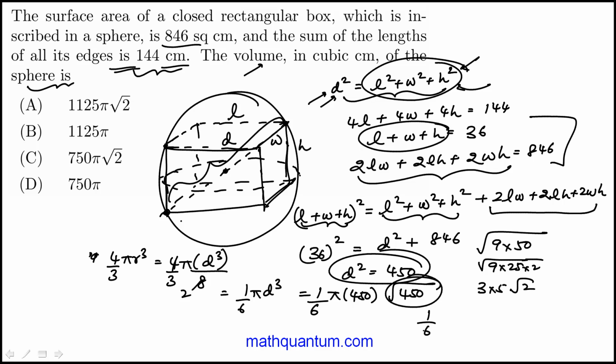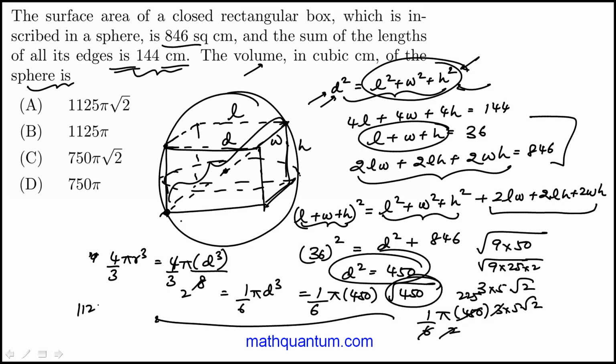So that's 1/6 times 450 times 3 times 5 root 2. Simplify 225, so I just have to do 225 times 5. Again, you can either do it by hand. I get 1125. So this whole thing simplifies to 1125 pi, and don't forget the root 2. And that's the same as answer choice A.